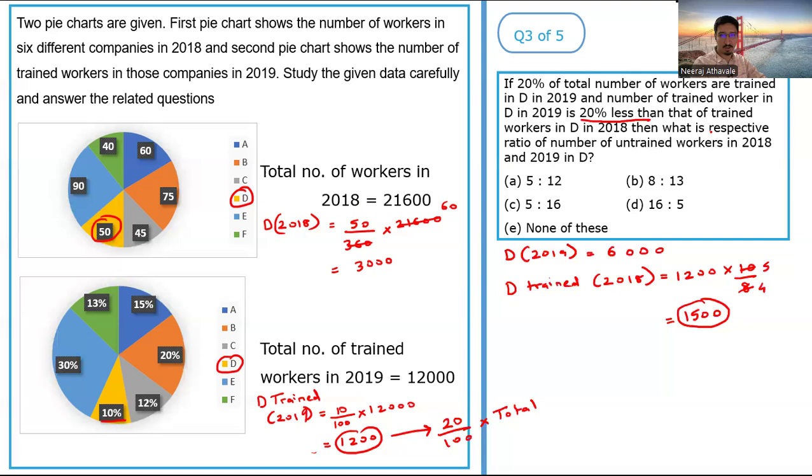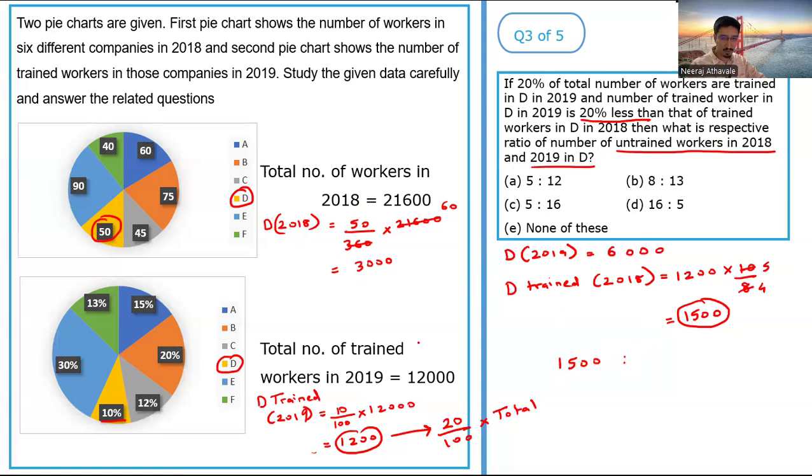Now we want the required ratio. What is the respective ratio of number of untrained workers in 2018 and 2019 in D? Okay. Now in 2018, there were 3,000 total workers, out of which trained are 1500. So the difference is of 1500. Okay.